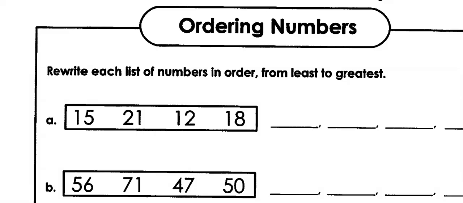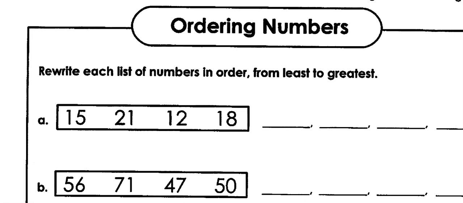You thought I was done. Actually, no, I wasn't. So we're going to do the last page in your packet. It's called ordering numbers. It says rewrite each list of numbers in order from least to greatest. What that means is from the smallest number to the biggest number.